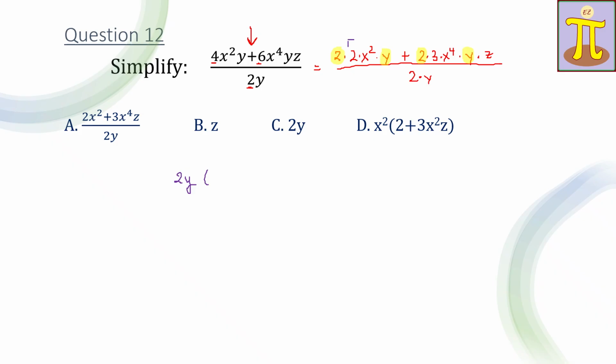So for the first term, with 2y out, we are left with 2x squared. Now, plus the leftover for the second term, which is 3x to the power of 4 times z, all over 2y.